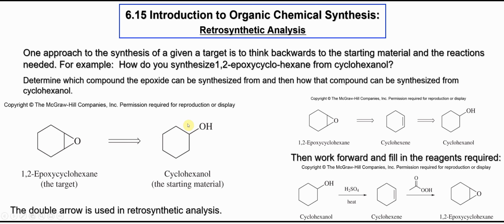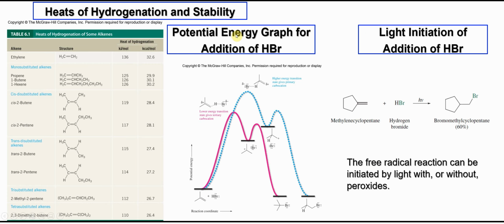Therefore, if you were given the alcohol and want to produce an epoxy compound, this alcohol is going to be subjected to the dehydration reaction. Dehydration, you form an alkene. This alkene will be subjected to the oxidation reaction. You form an epoxy compound. This is another method called retrosynthesis.